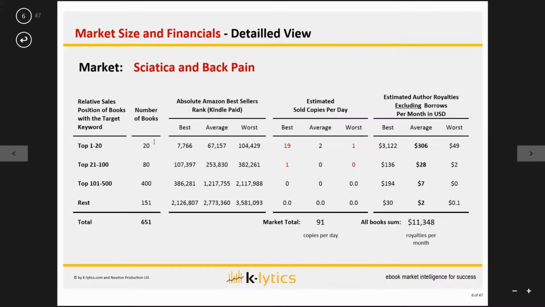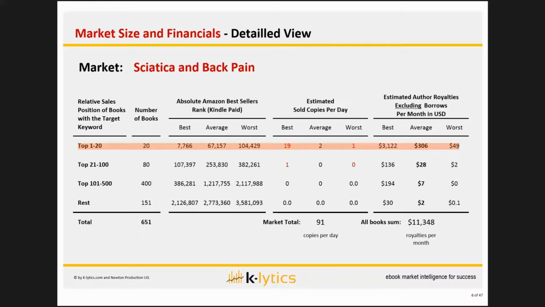And we can have an even closer look at this. In this example, we look at the top sales rank number 1 to 20, so 20 books, and you see here the best and worst sales rank, the estimated number of copies sold, and price, which is also a very important factor.